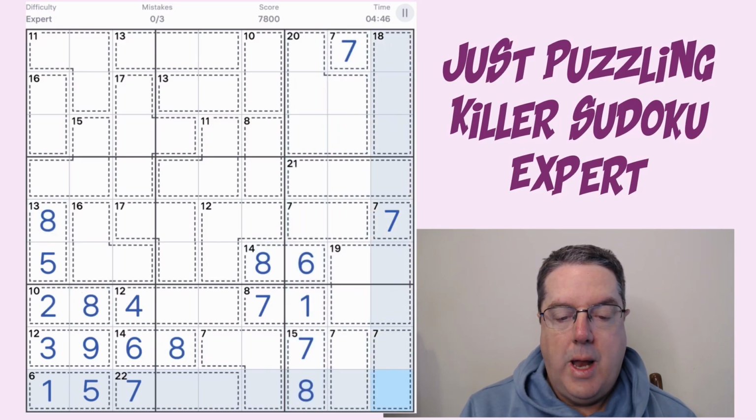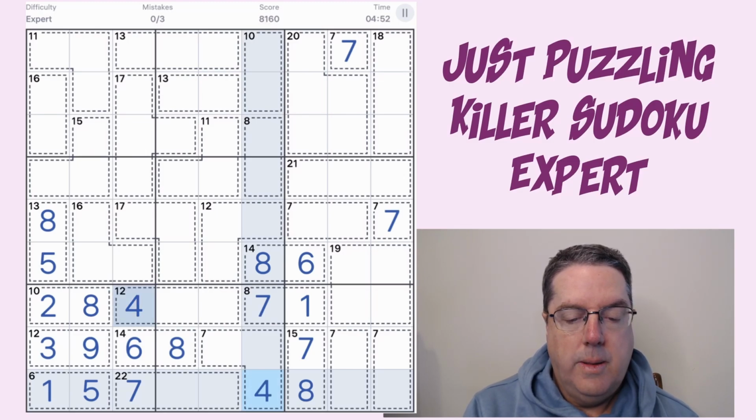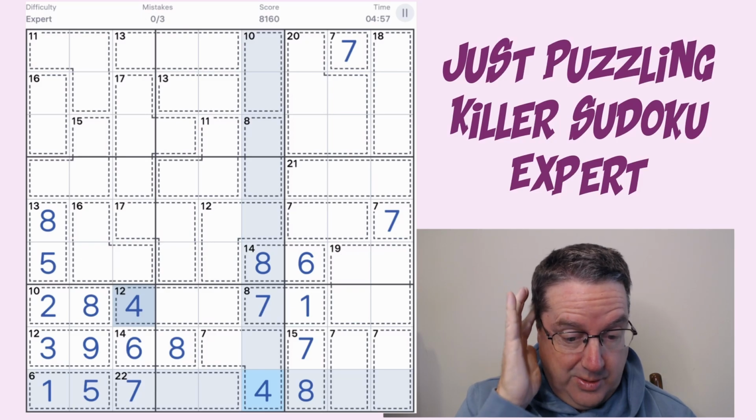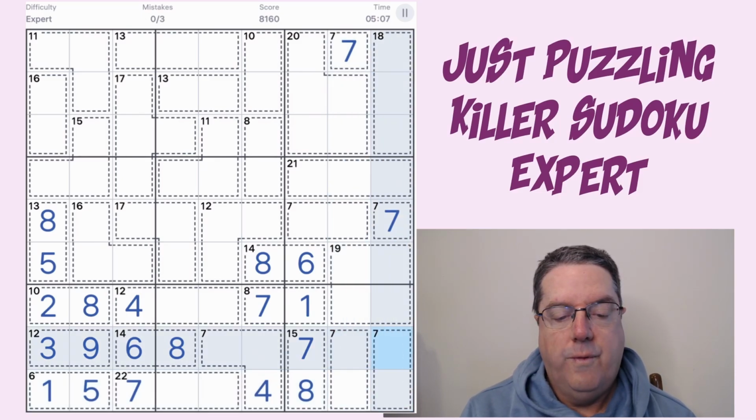What I do know now is 3 is here somewhere, and 4 is there. So that's going to be my 4 there. And what I also know is 2 will be down the bottom here as well. So 2 and 3, 4 and 5 there.